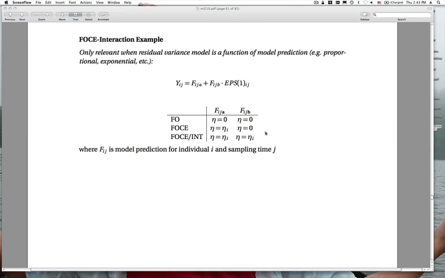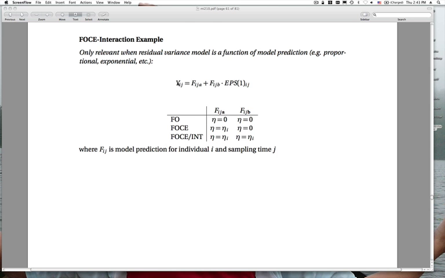Next to this topic of eta-epsilon interaction, under FOCE and now under really all methods in NONMEM, you can allow for an interaction between the inter-individual random effect and the residual random effect. And this only applies to those models that use a residual variance structure which is dependent upon the model prediction.